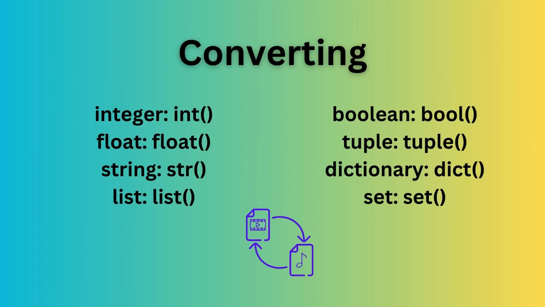Now we're done and we're going to get to converting. It just isn't that difficult. Of course, the characteristics of your old data type will be removed and you get your new data type. So if you want to put an integer into a string, you can't do math with it.